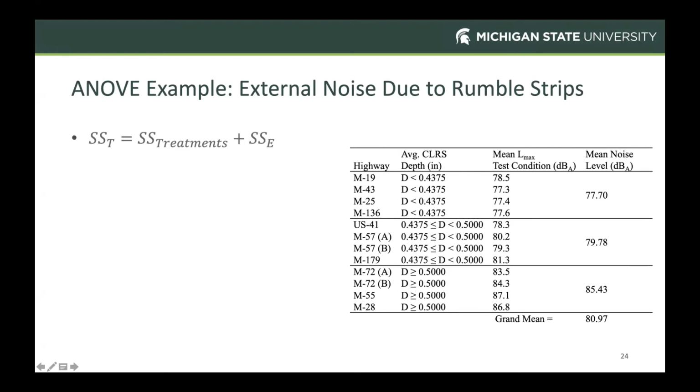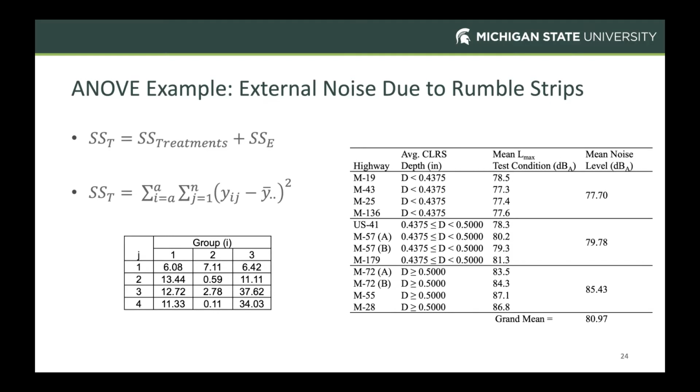Okay, so having determined those respective quantities, we can now go through the calculations to determine our corresponding sums of squares. And so starting with our general identity here, we know that our total sum of squares is just equal to each of these individual Y sub ij's minus the grand mean, that quantity squared, summed across all 12 observations.